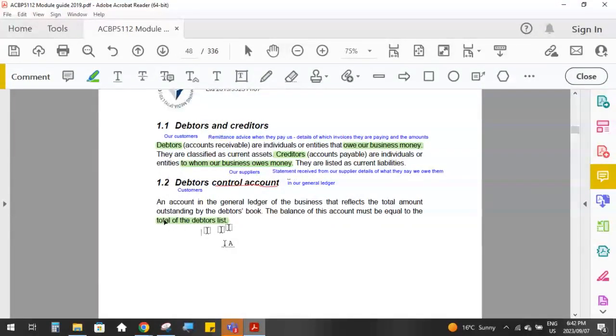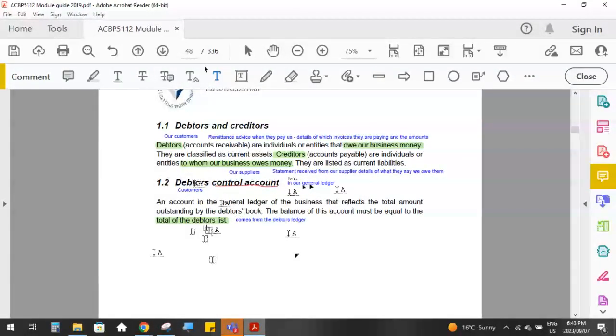It is a list of the name of each one of our debtors with the total amount that they owe us, all added up. So remember, the debtors list comes from the debtors ledger. The debtors control account is found in our general ledger.